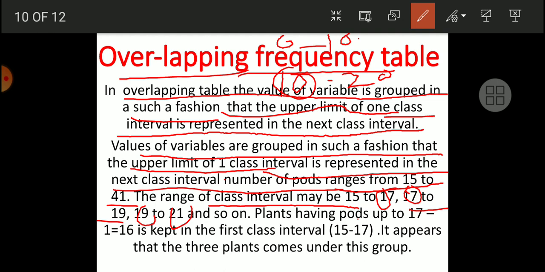Now it appears that 3 plants come under this group. एका ग्रुप खाली किती येतात, म्हणजे for example आपण ग्रुप घेतला 17 ते, 17 मायनस 1 केलं, that is equal to 16, isn't it, in the first class interval.